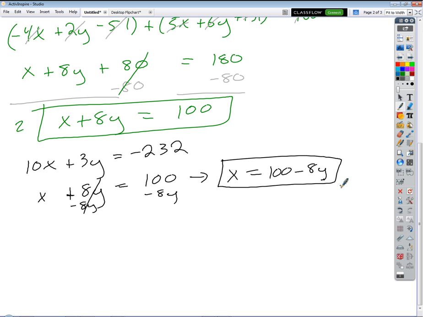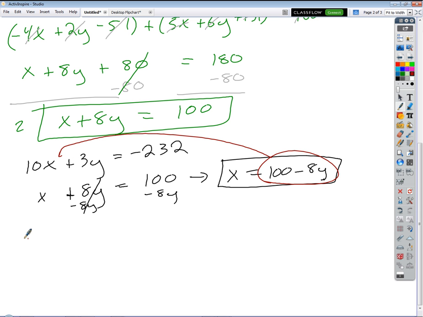Now what do I do with that one? Once I've solved for a variable in one of the equations, what's the substitution approach? Substitute, exactly. So in the other equation, every place I've got an x, I'm going to plug that in, right? So what does that give us?